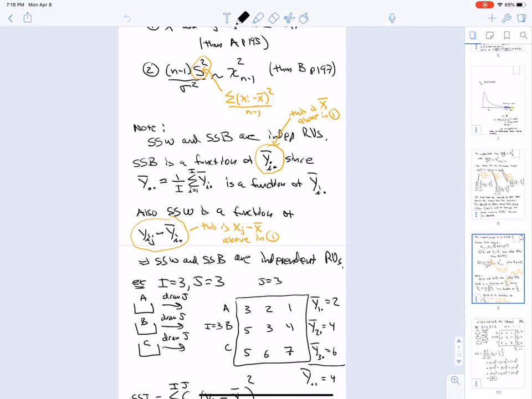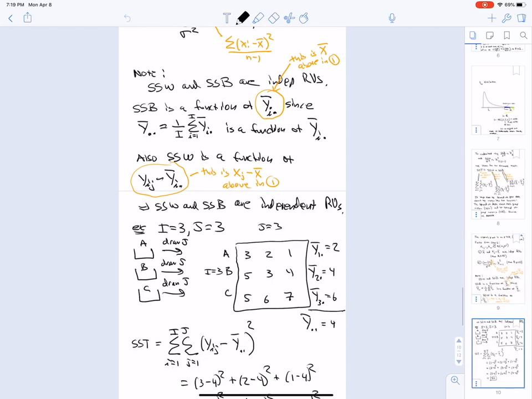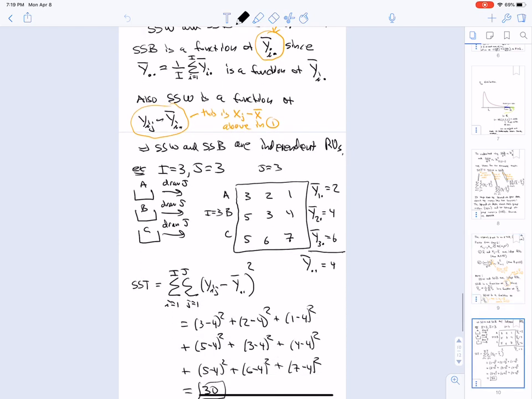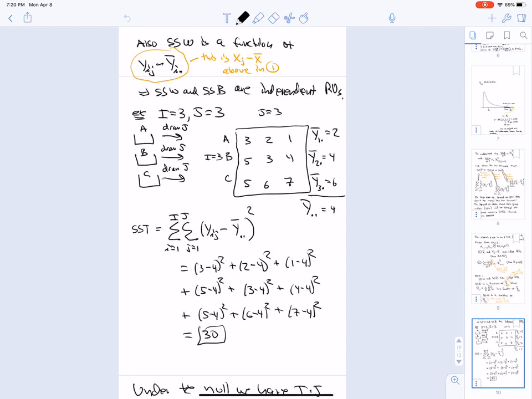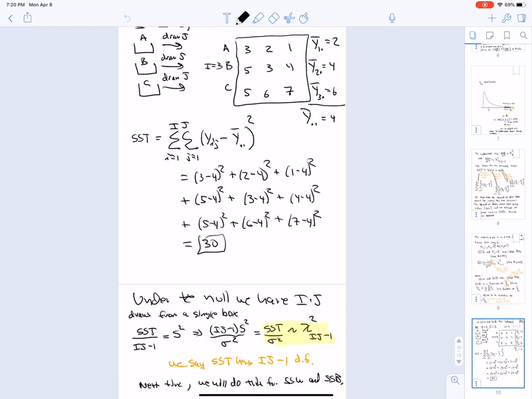So here's an example. I is 3, j is 3, so I have 3 boxes. I draw j from each box. Let's say that I get this 3 by 3 with these values. I've written out the row means and the total mean. I can calculate the SST. It's 30.